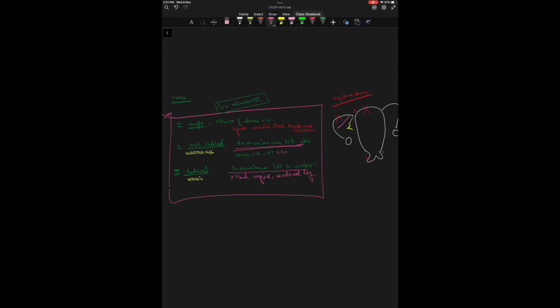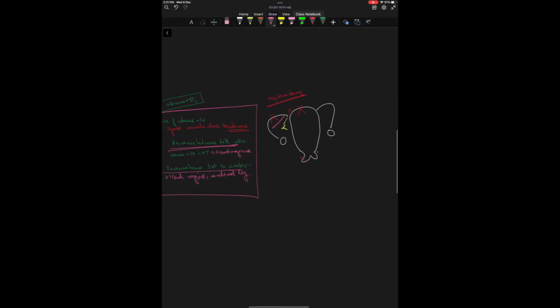Okay, for example, this is the ureter, fallopian tube, and this is the ovary, cervix. So uterus, fallopian tube, ovaries. Okay, this is hysterectomy.